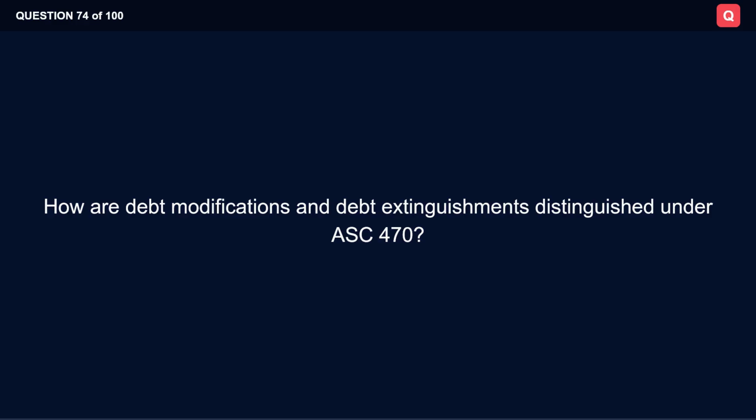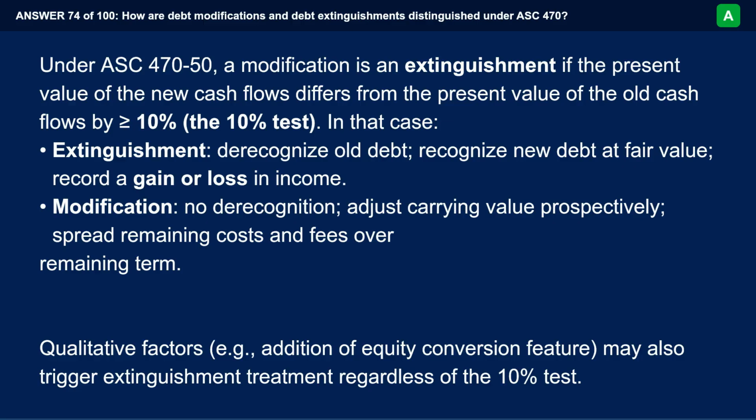How are debt modifications and debt extinguishments distinguished under ASC 470? Under ASC 470-50, a modification is an extinguishment if the present value of the new cash flows differs from the present value of the old cash flows by greater than or equal to 10%, the 10% test.